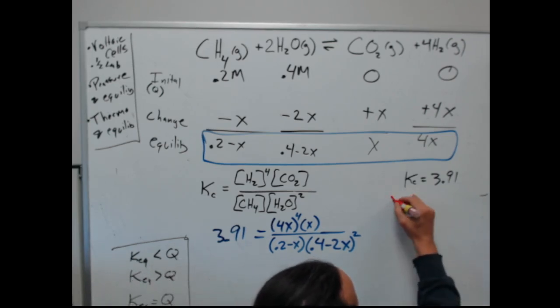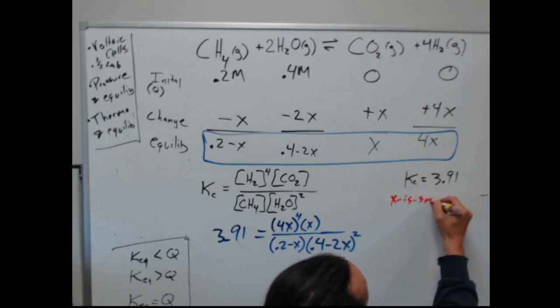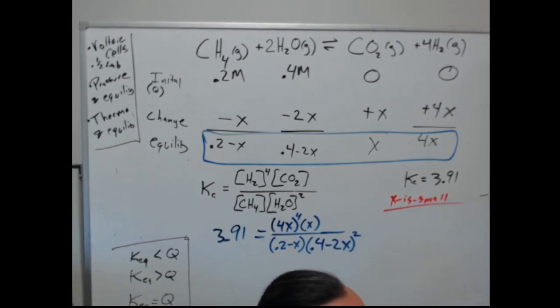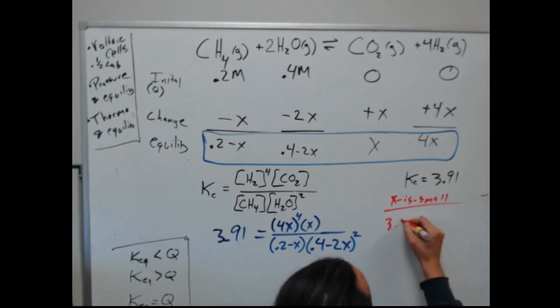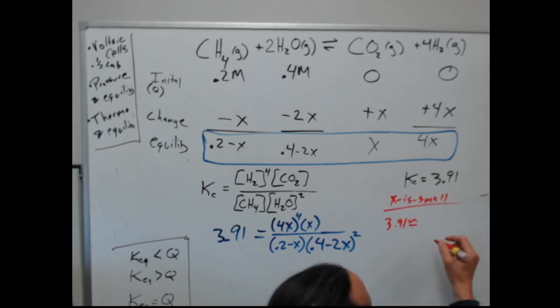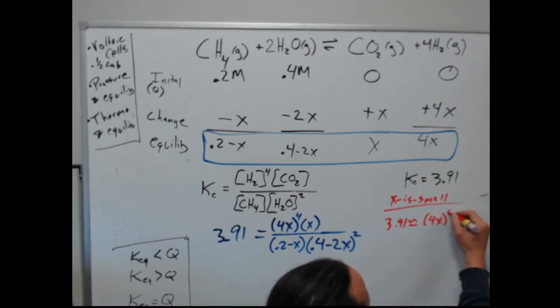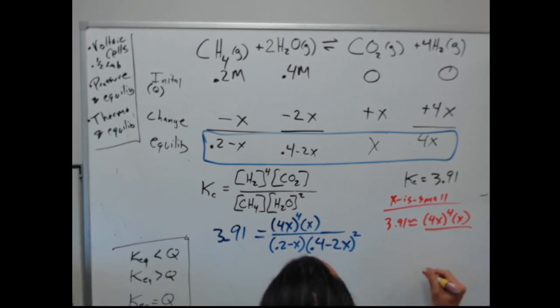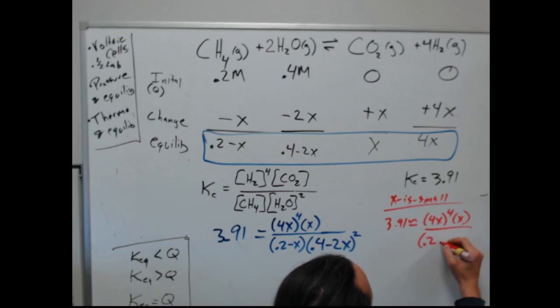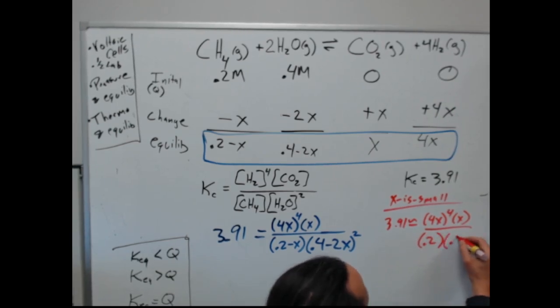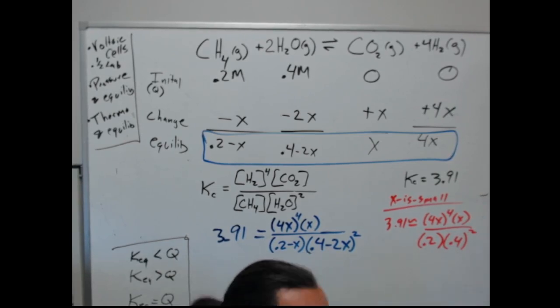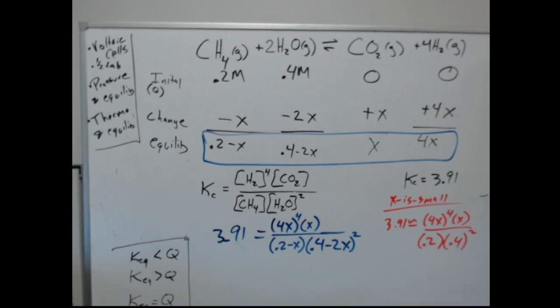So if we did x is small here, which I don't think we should, let's just see what happens when it goes bad. We're going to have 3.91 is approximately equal to 4x to the 4th times x, divided by 0.2 times 0.4 squared. That looks really solvable. One of the things that's kind of funny is I have to do 4 to the power of 4. I should probably know that's 256 off the top of my head, but I didn't.